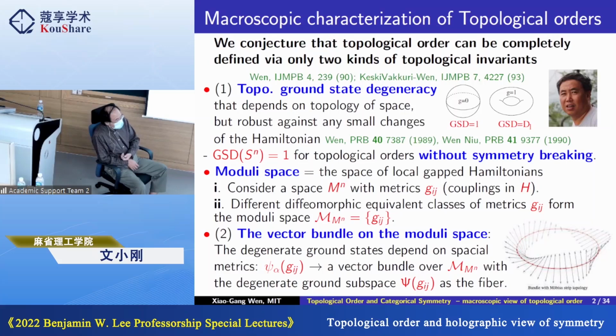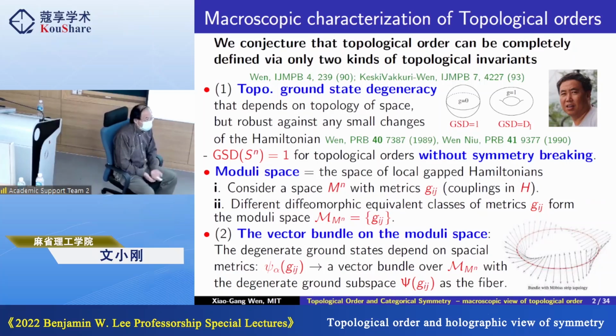So here I try to say that we spent a lot of time to argue why the quantum degeneracy is a topological feature, which corresponds to an intrinsic state. And here we just want to generalize this idea a little bit.